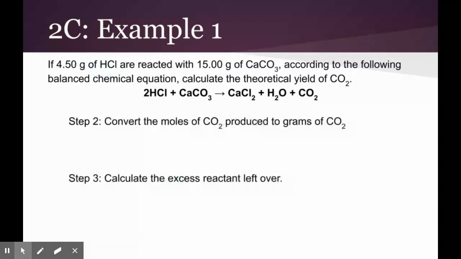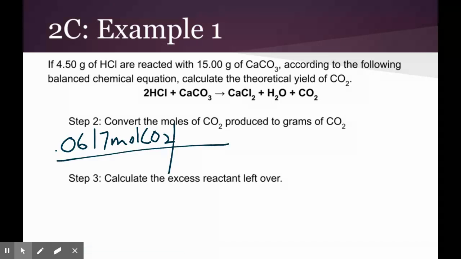Now step 2 is to take the moles of CO2 produced and convert that to grams of CO2. So 0.0617 moles of CO2. And we're going to use the molar mass to convert that to grams of CO2. So 1 mole of CO2 is equal to 43.99 grams of CO2.